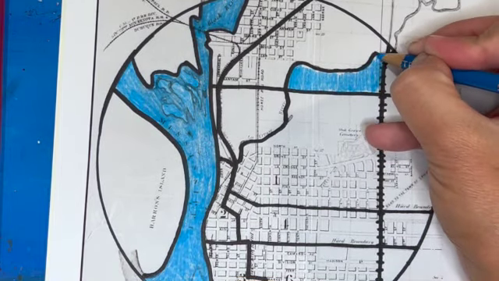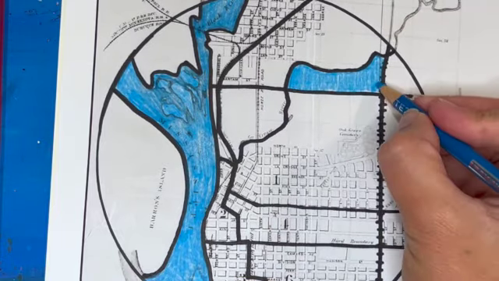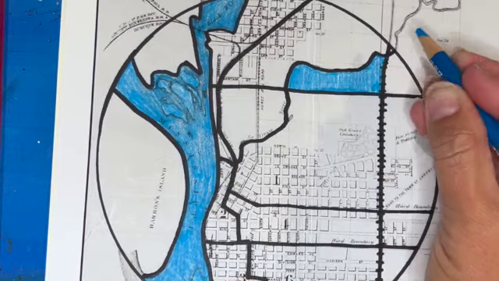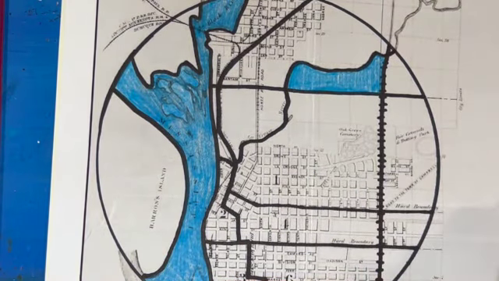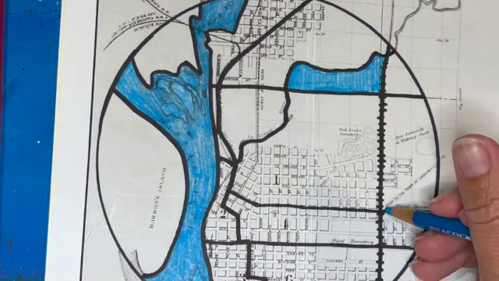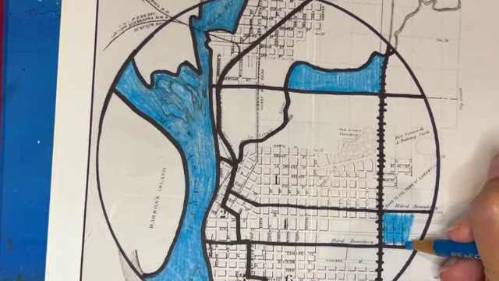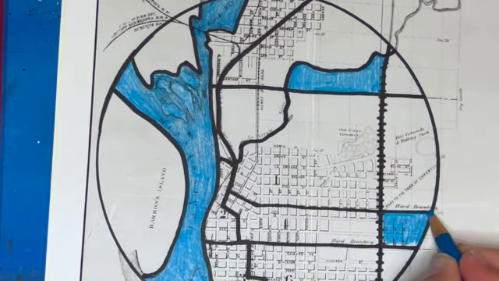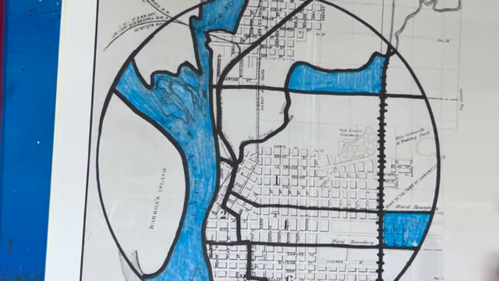I'm adding blue up here on the top of my circle. Notice that these two sections don't touch each other. It is okay if the corners touch, but I try not to have any sides touch. I'll jump down and do this one down here with some blue, really being careful along my edges to make nice, neat coloring.